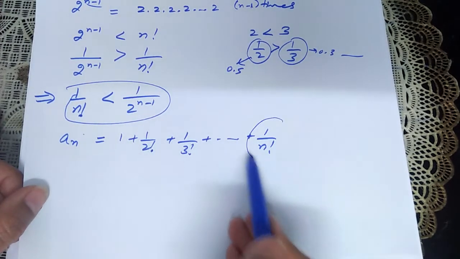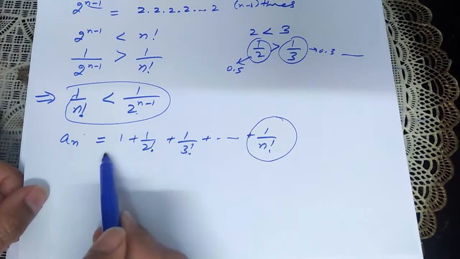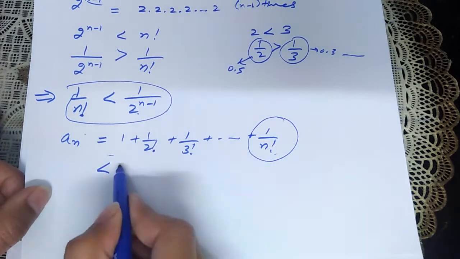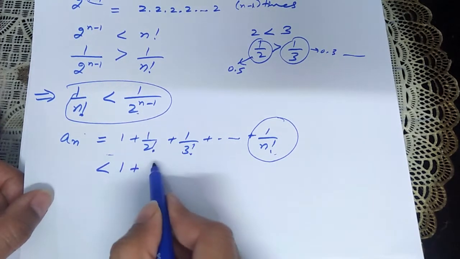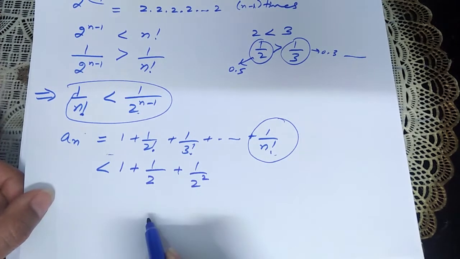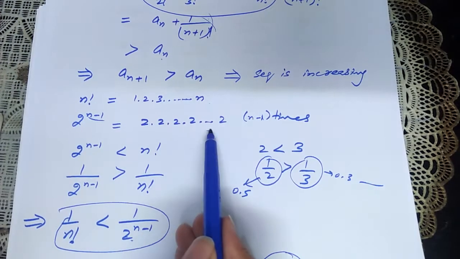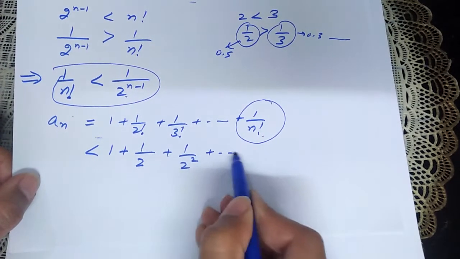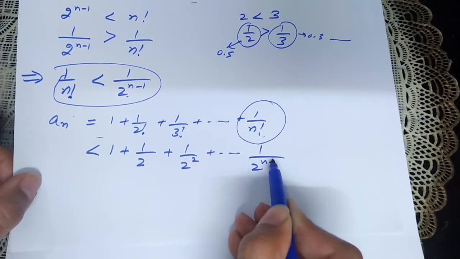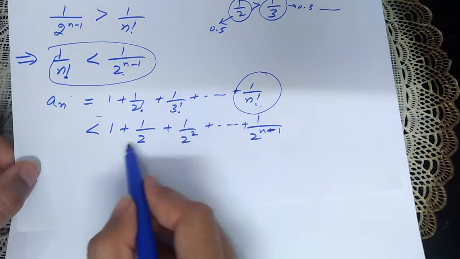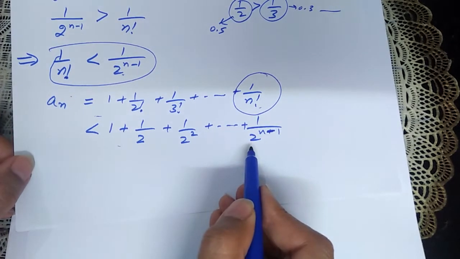So if I replace each term with this one, the whole thing will be less than 1 plus 1 over 2 plus 1 over 2 square plus up to 1 over 2 raised to power n minus 1, following the pattern for 2 to the power n minus 1. You know that this is the geometric series.